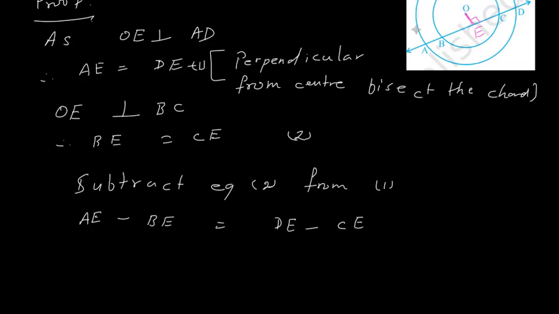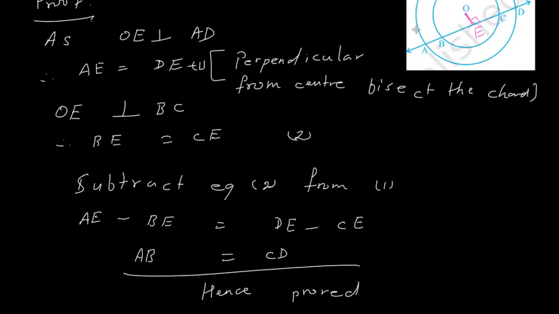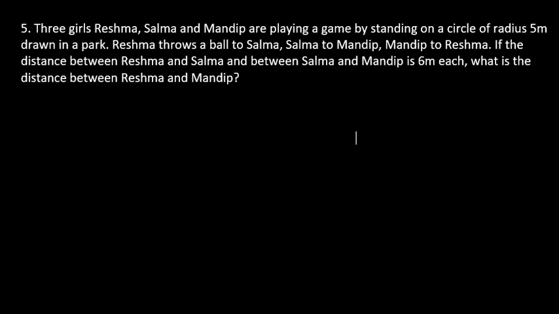Now in the diagram you can easily work out that AE minus BE is AB, and DE minus CE is equal to CD. So AB is equal to CD, we have proved. So hence proved. Simple question. Okay. Now let us move to the next question.